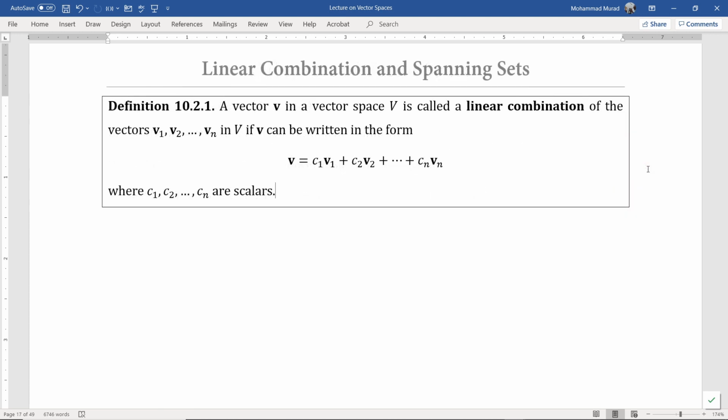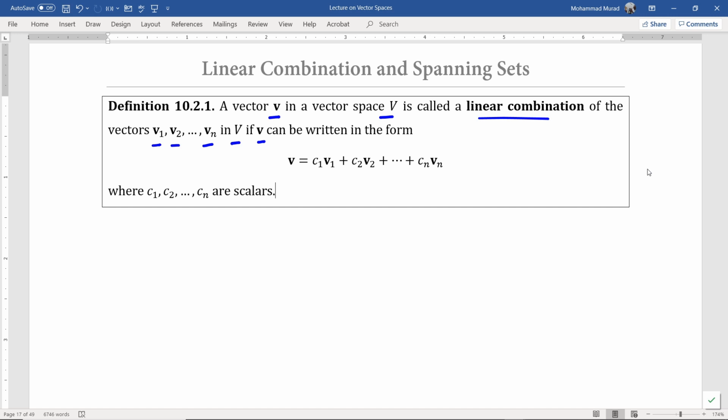Linear combination. A vector v in a vector space V is called a linear combination of the vectors v sub 1, v sub 2, all the way up to v sub n in the vector space V if the vector v can be written in the following form.